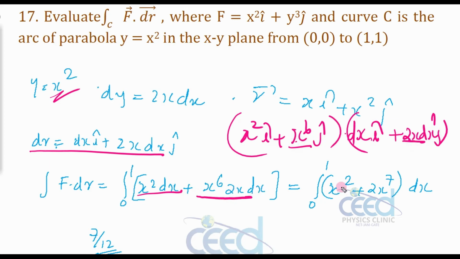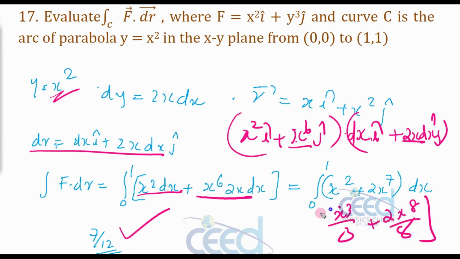Okay, so the integral from 0 to 1 of x square plus 2x raised to 7 dx, on integration, this is x cube by 3 plus 2x raised to 8 divided by 8. Giving the limits, that is equal to 7 by 12.